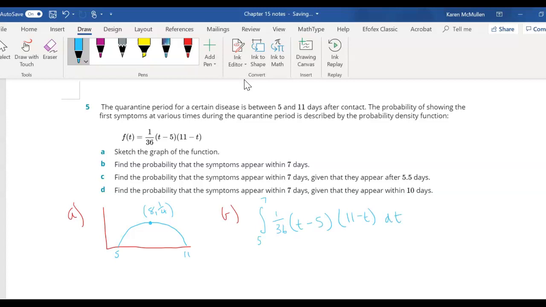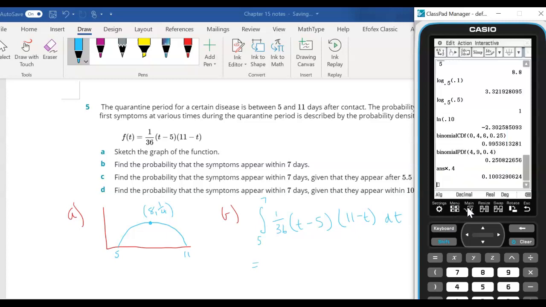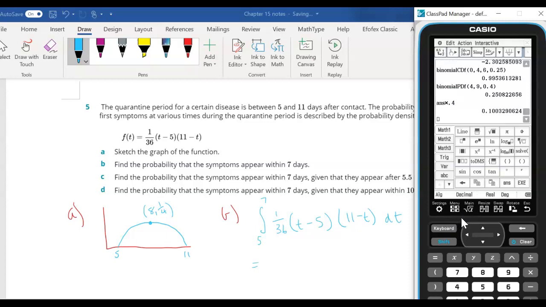Now you could go ahead and do the antiderivative of that, but I'm just going to do it on the calculator. So just make sure you can do that by hand. I would expand that first and then find the antiderivative. But just to keep this video short, I'm going to just do it on the calculator.